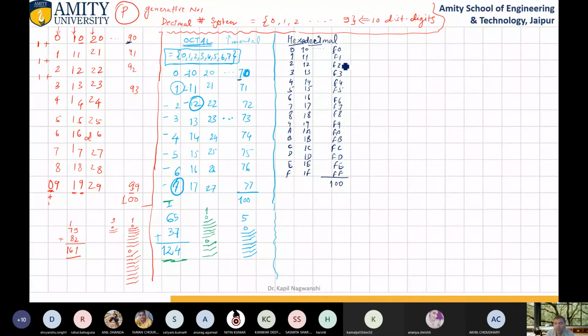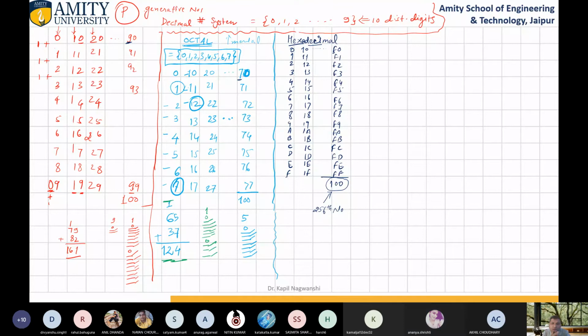After that come F0, F1, F2 and so on up to F9, FA, FB, FC, FD, FE, and FF. After FF we have crossed the limit, so the next number becomes 100. And 100 is the 257th number in the series.